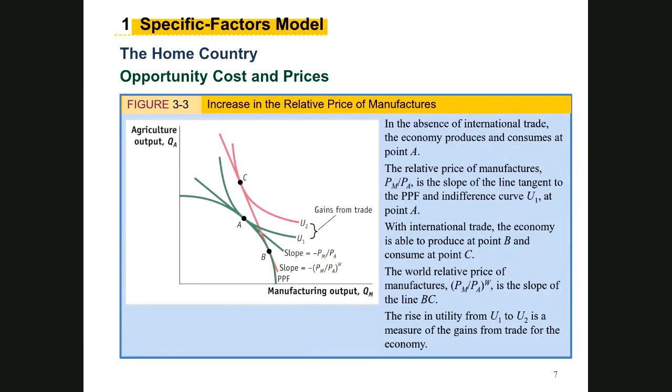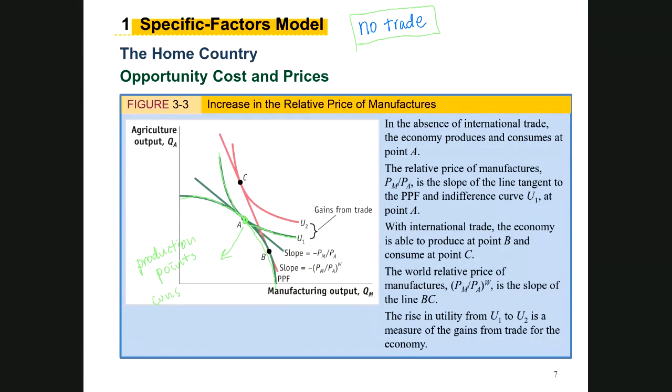That's it. Opportunity cost and prices. So originally, if there's no trade, that's the green line. Okay, no trade. This is my PPF originally. And if I know the indifference curve, which is the preference or utility curve of my representative consumers, at A, it's the production point, as well as what?